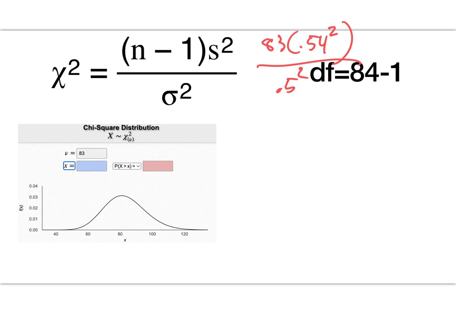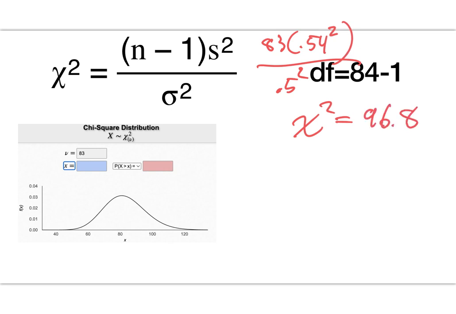We need to find that number. 0.54 squared times 83 divided by 0.5 squared. My chi-squared value is... is it that high? 96.8?